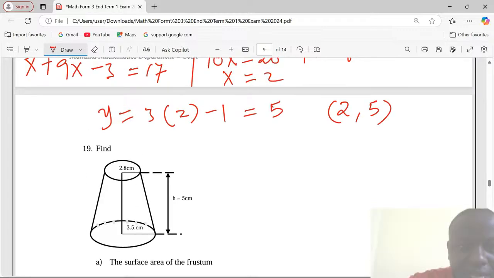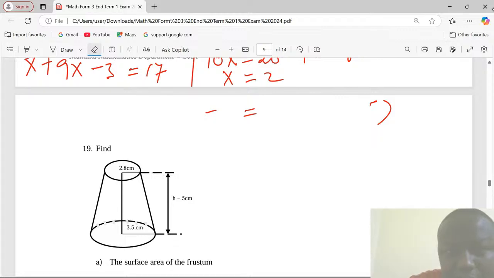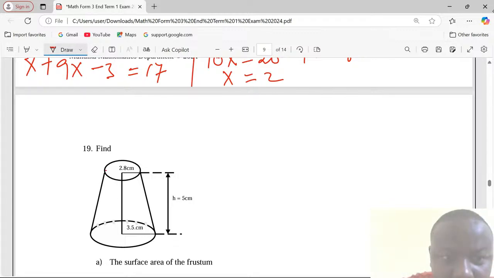So the first thing that we're supposed to do here is to find some unknown distances. Remember, we have a frustum whereby we usually say that there is the original cone from which the frustum was obtained.